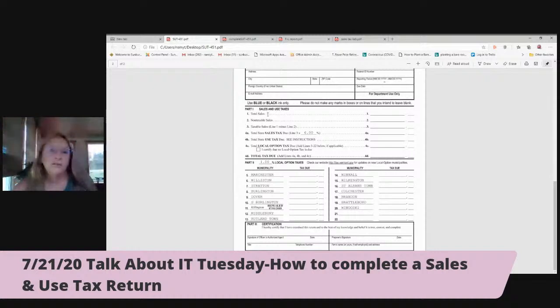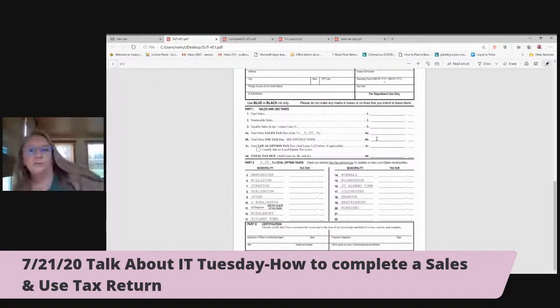Then it asks for my non-taxable sales. When I take total sales minus non-taxable sales, then I get the amount that is subject to sales tax. Then that amount is multiplied by 6%.